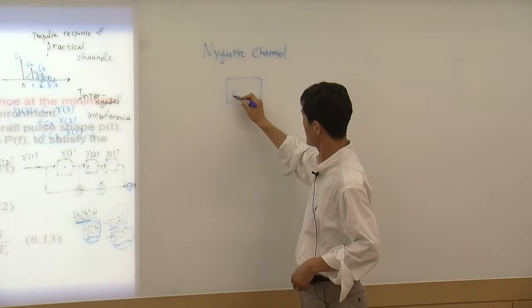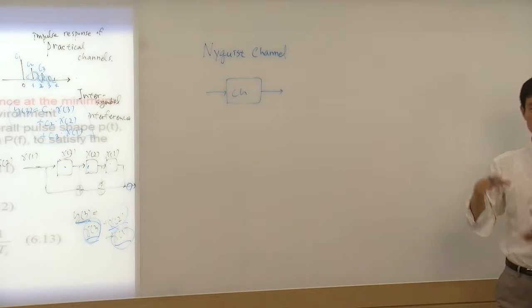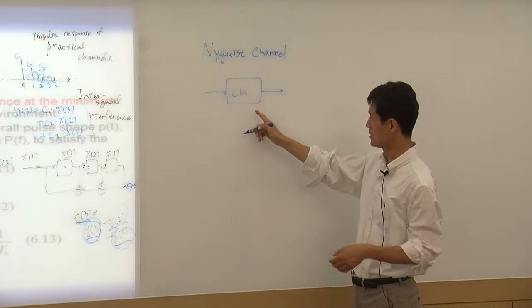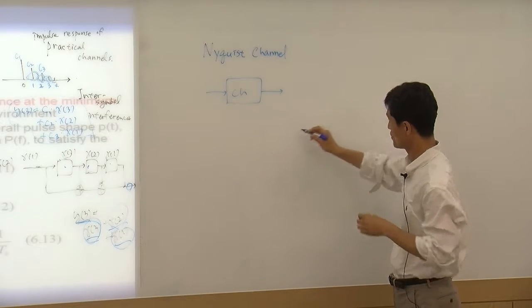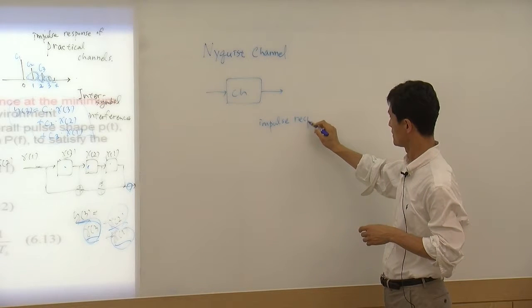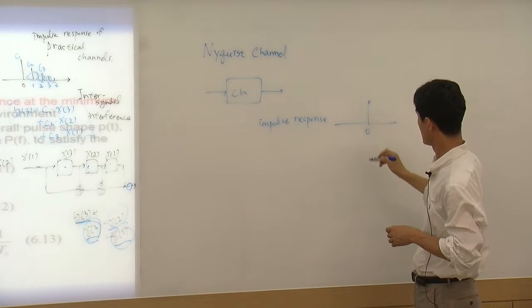Nyquist channel is just a channel. You have input, of course you have output. Just a channel, another channel. But this is a special channel such that it has an impulse response like this.